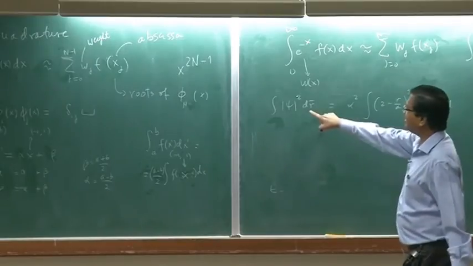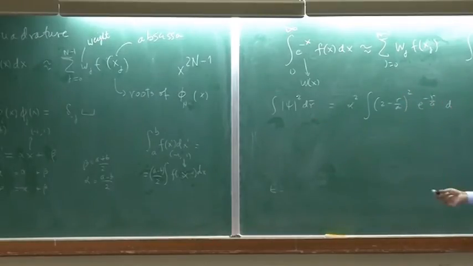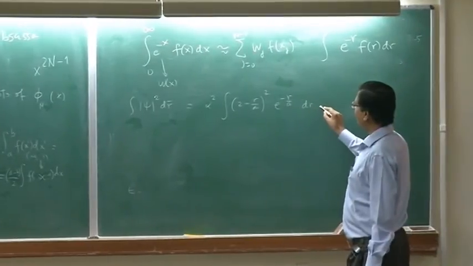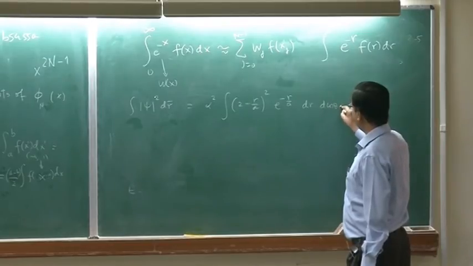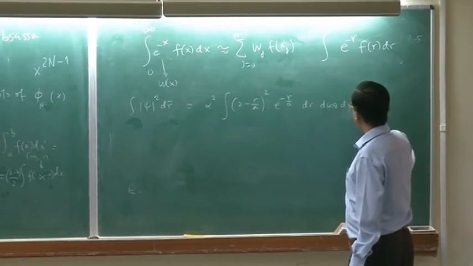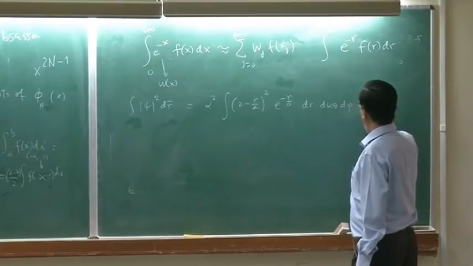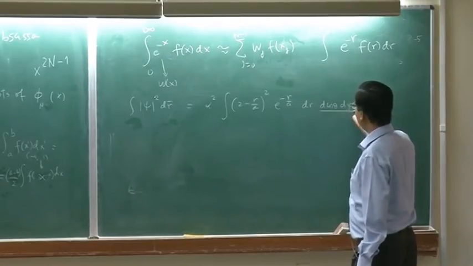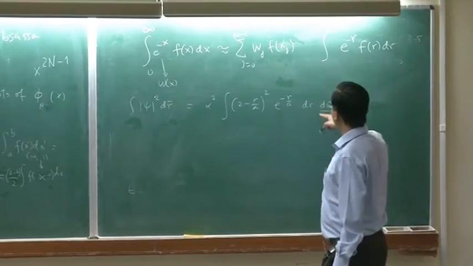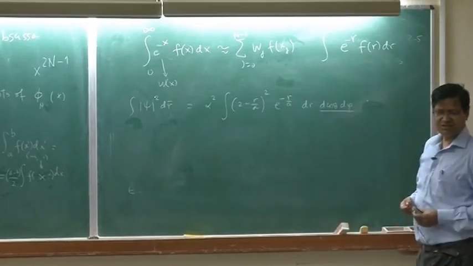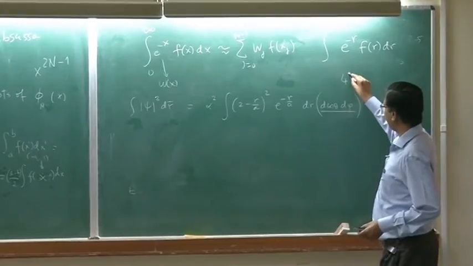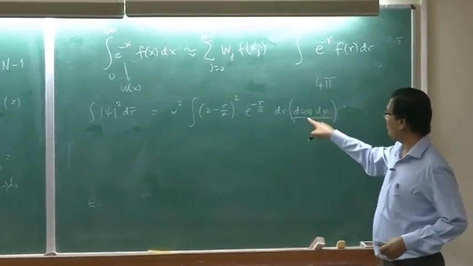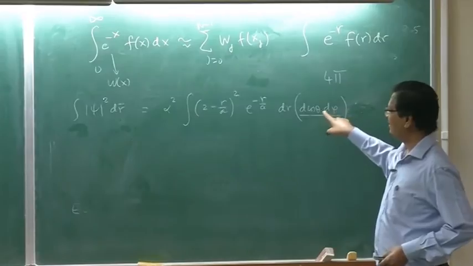The volume integral is dr, and then there is d cos theta d phi. Since there is no theta or phi dependence, this gives you 4 pi, 2 coming from the cos theta integral and 2 pi coming from the phi integral. So I have to do this integral.